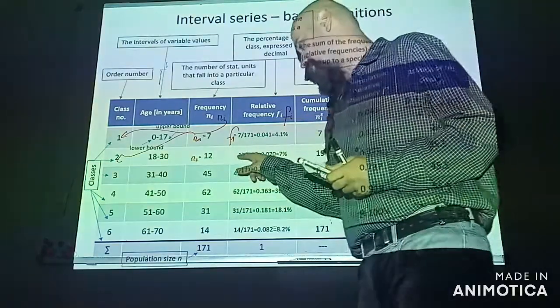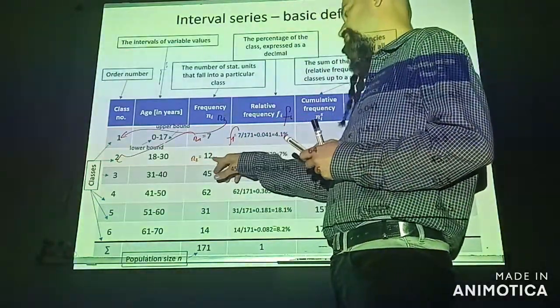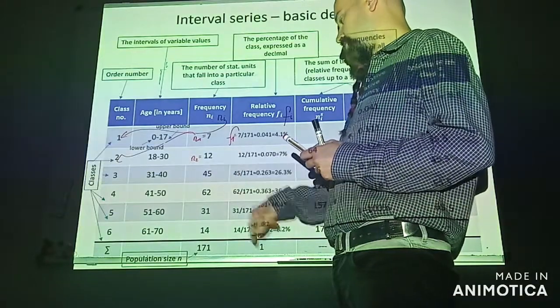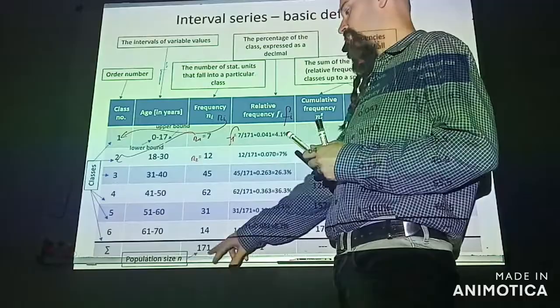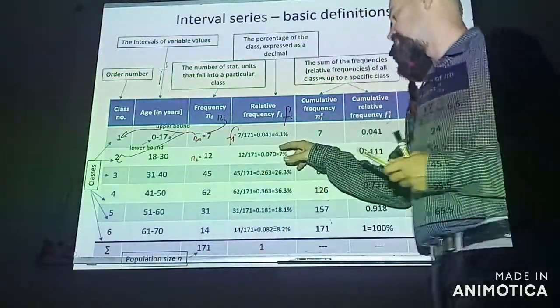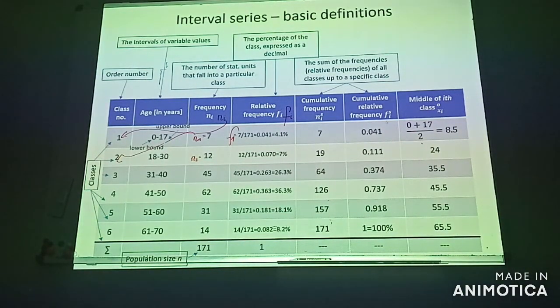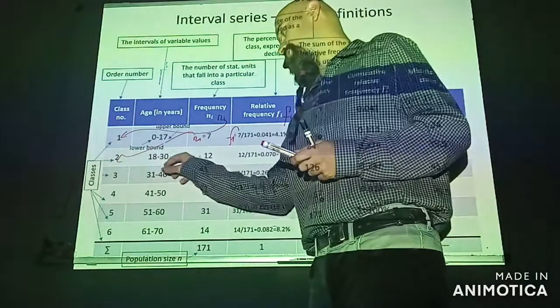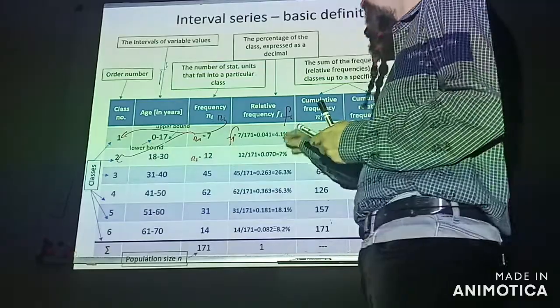We know also that 12 divided by 171, so 12 people, represent 7% of the entire population. 12 people, or 7% of the population, are characterized by an age from 18 up to 30, and so on.